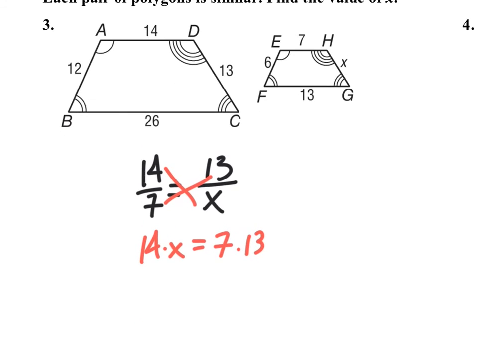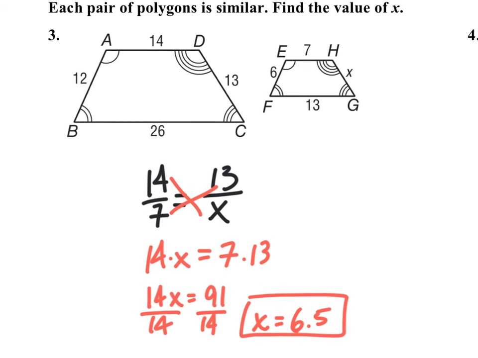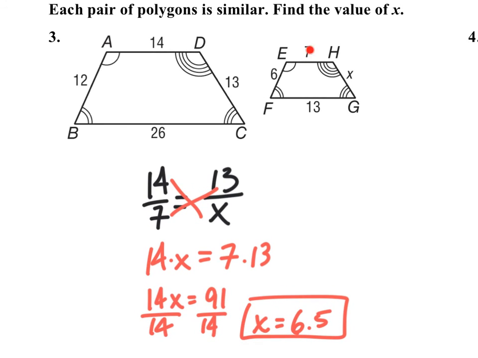Okay, and let's go ahead and just solve that for x. So we get 14x is equal to 91. And so if I divide everything by 14, I'm going to end up getting an x value of 6.5. Okay, and so what I want you to see here is that 7 is half of 14. Okay, 6.5 is also half of 13.